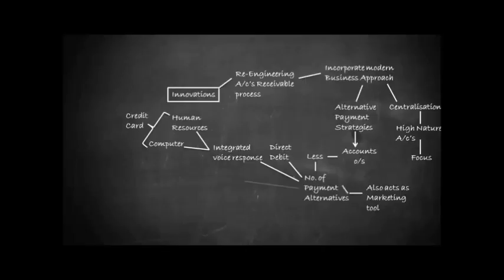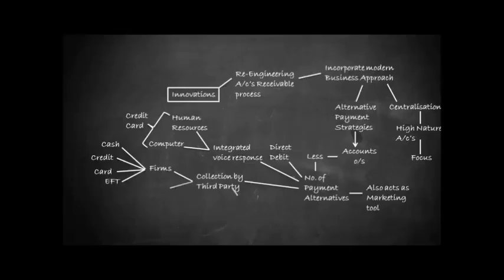And the third possibility is having a collection by third party, wherein the task can be entrusted to a firm who will go and collect the cash or check or electronic fund transfer or card, and it can also be entrusted to banks who will have collection of check on behalf of the customer.